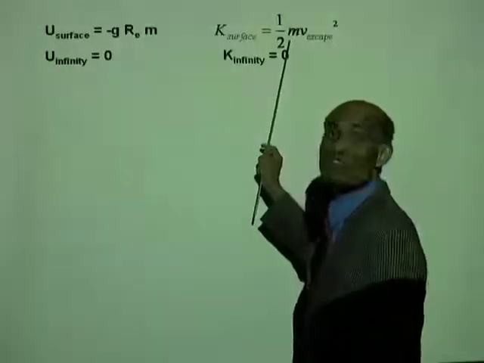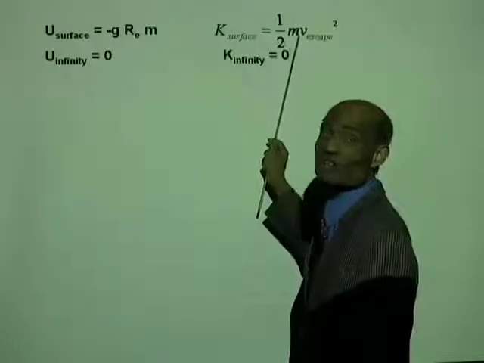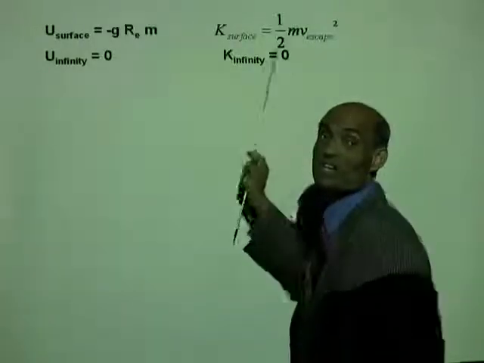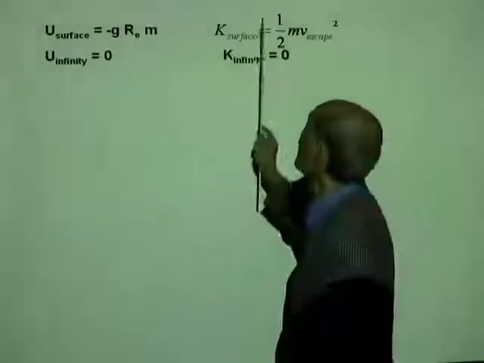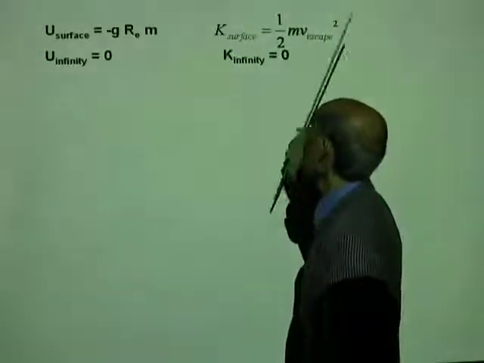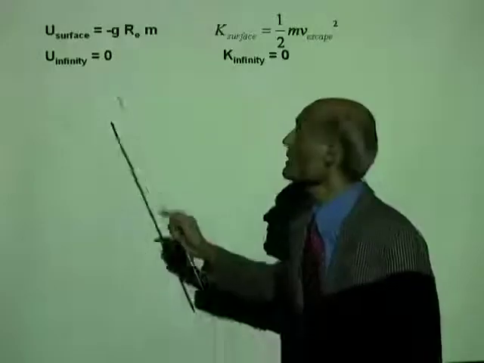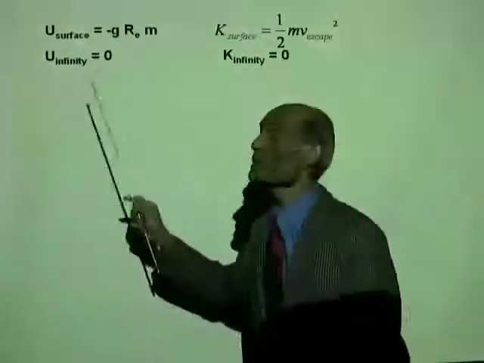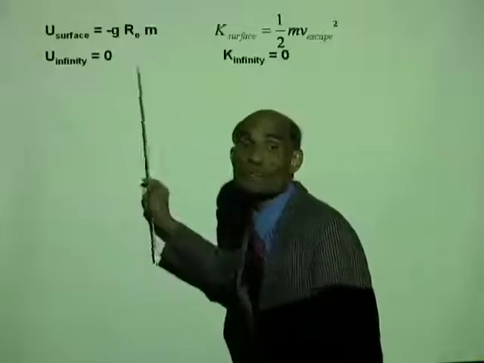And if you throw the object with a velocity v_escape, its kinetic energy, the moment you project it, will be 1/2 m v_escape squared. When the object reaches infinite distance from the Earth, its potential energy will be zero.